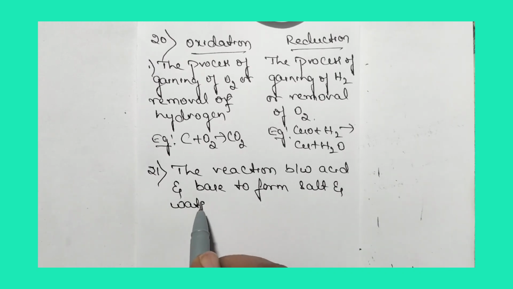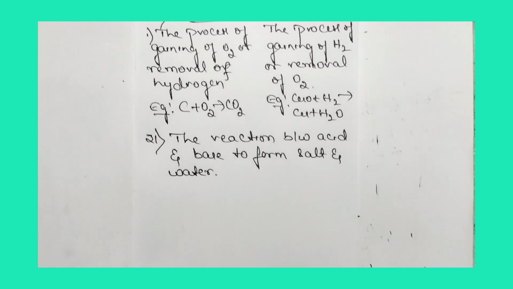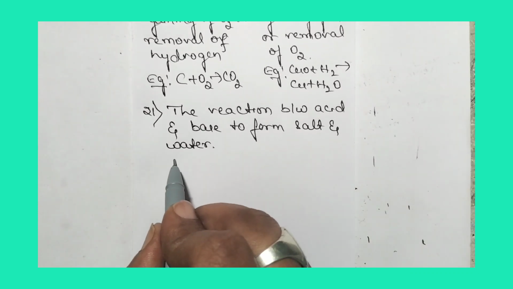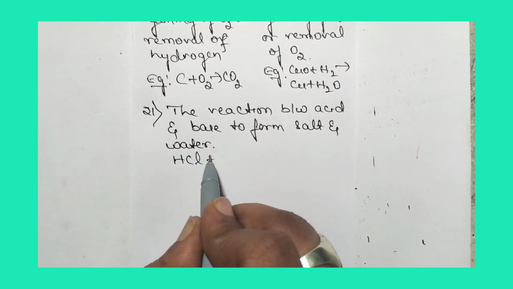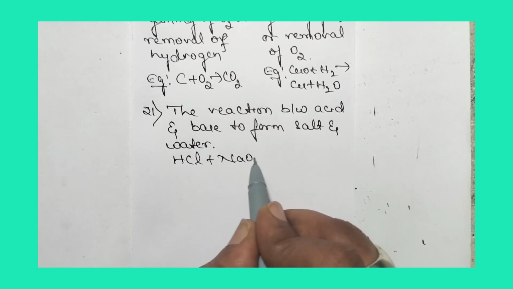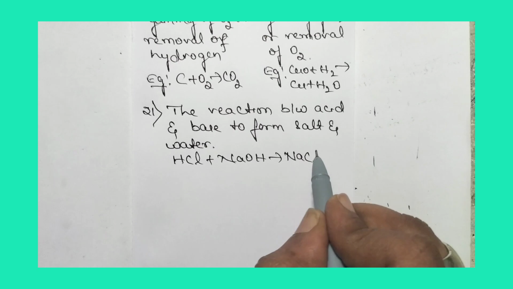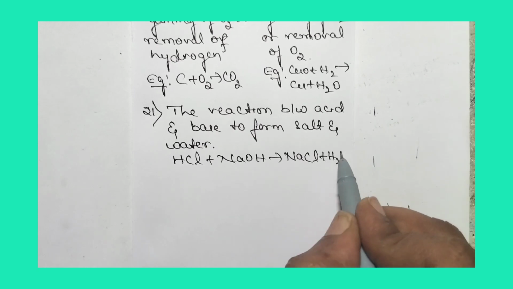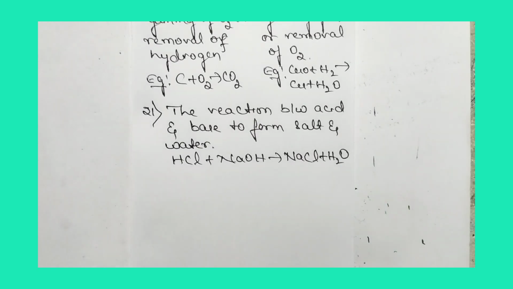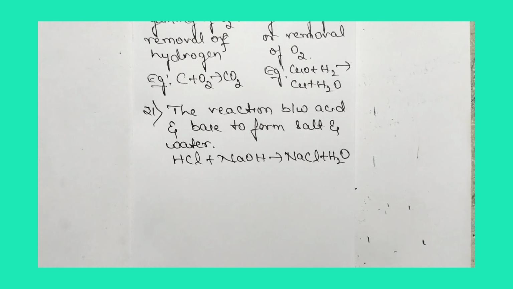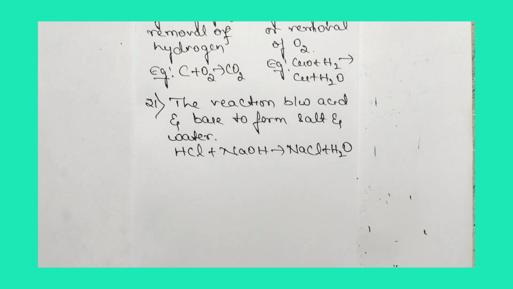The reaction between acid and base to form salt and water is called a neutralization reaction. HCl plus NaOH gives rise to NaCl plus H2O. So this is the neutralization reaction. Now, how can any solution be identified as neutral by using litmus paper?